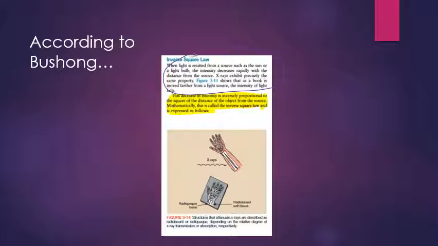Let's go right here. We're going to circle this part because this is what we want to know. So once again, when light is emitted from a source such as the sun or light bulb, the intensity decreases rapidly with the distance from the source. So the farther you get away from your source of radiation, which is your X-ray tube, the more the intensity decreases.